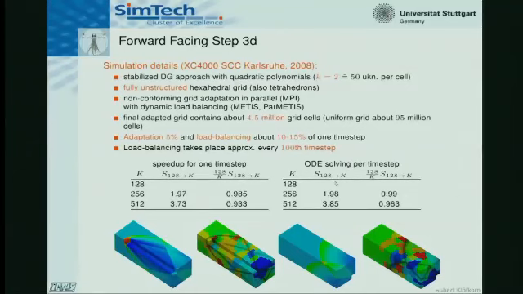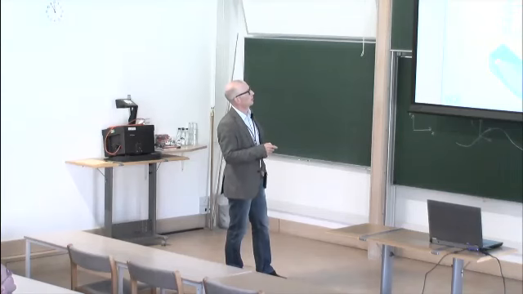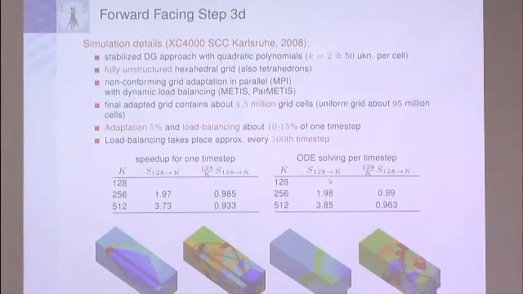What we could do back then was basically the same problem in 3D on a fully unstructured grid consisting of hexahedrals with quadratic polynomials, non-conforming refinement, including dynamic load balancing based on Metis and ParMetis, and here the final grid consists of 4.5 million grid cells. If I would refine uniformly, I would have had 95 million.